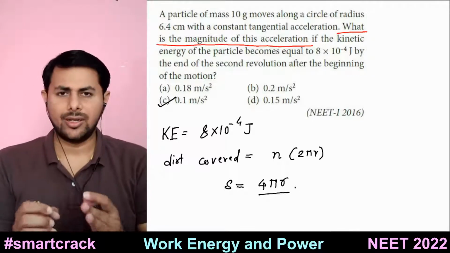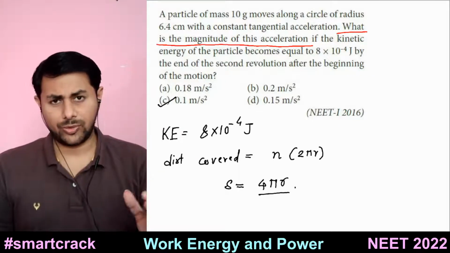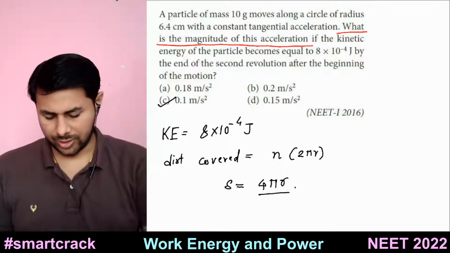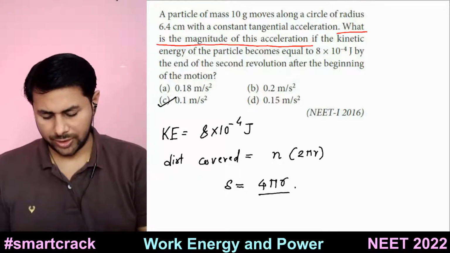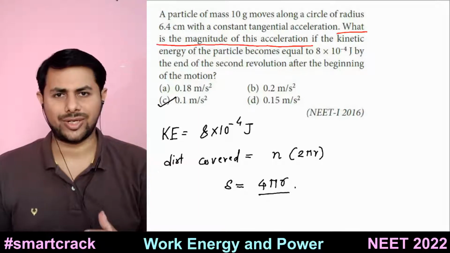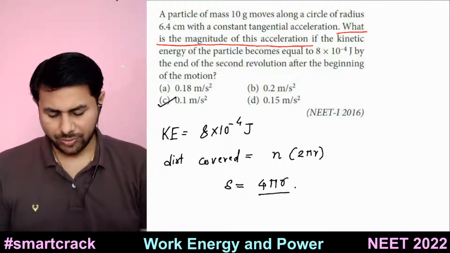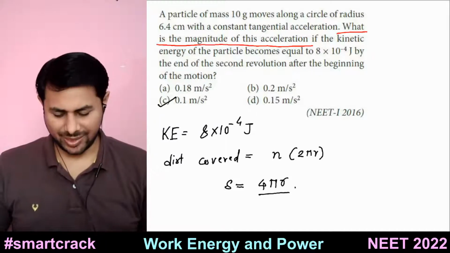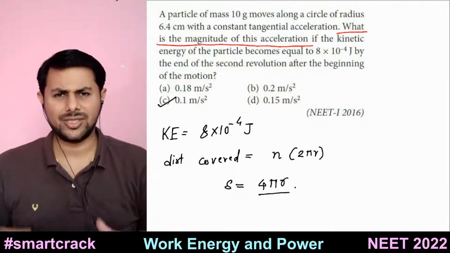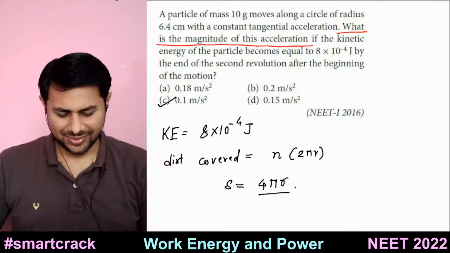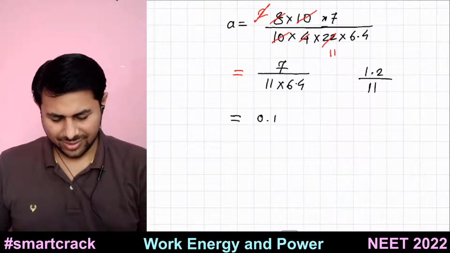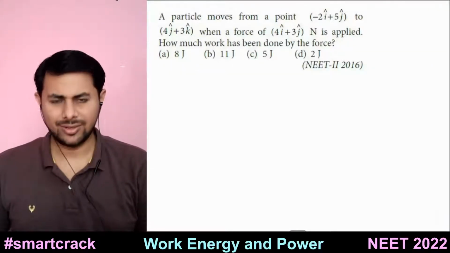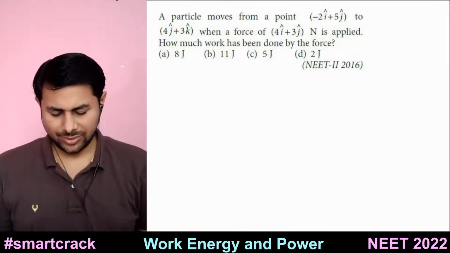It will not be as far as 0.18. Okay, because 0.18 is close to 0.2. It's closer to 0.1. So that's why that should be the answer. Okay, we can check that, we can find out, but this is how we have to guess, right? So that's the answer. And then let's move on to the next problem.